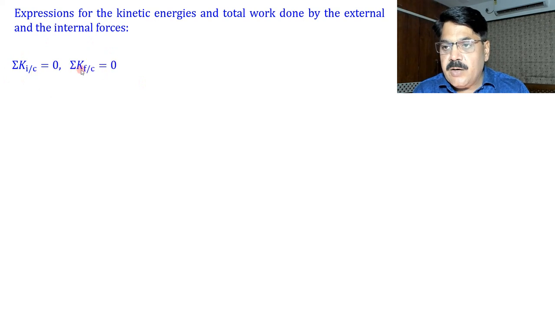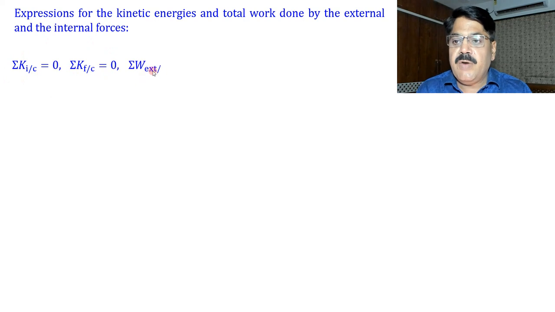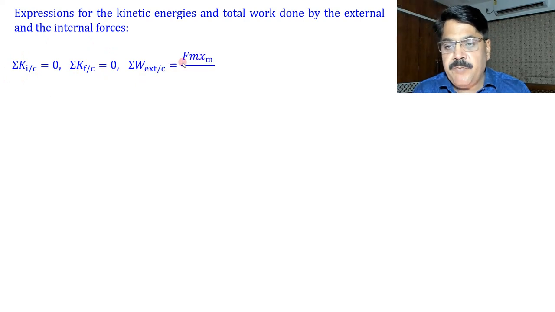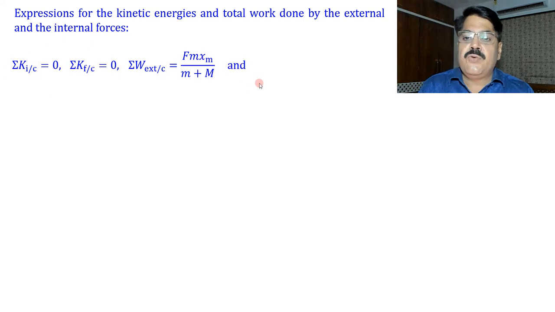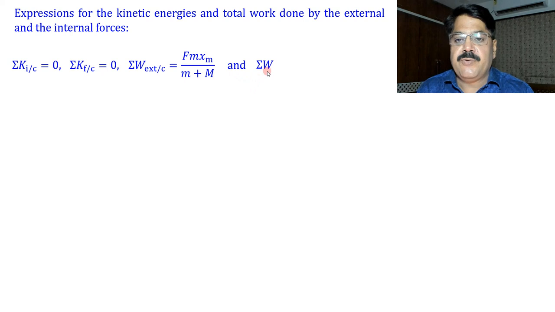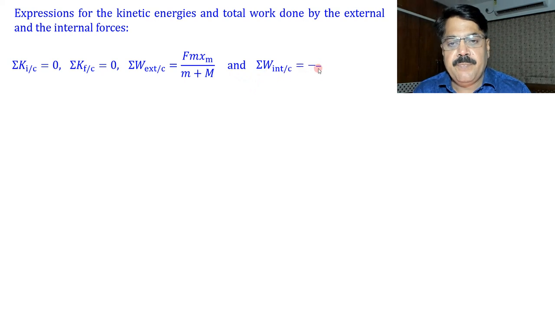Again, total final kinetic energy in the center of mass frame is 0. Total work done by external forces in the center of mass frame, we have written F small m xm upon m plus m. And total work done by internal forces in the center of mass frame is minus half k xm square.